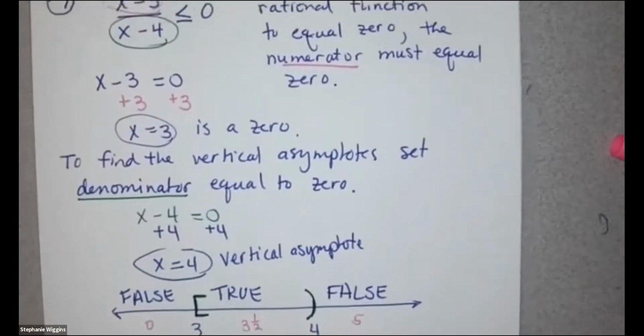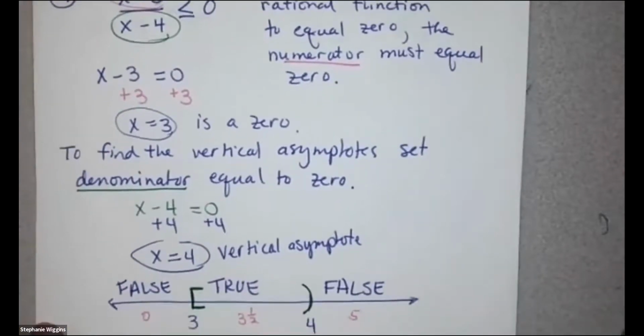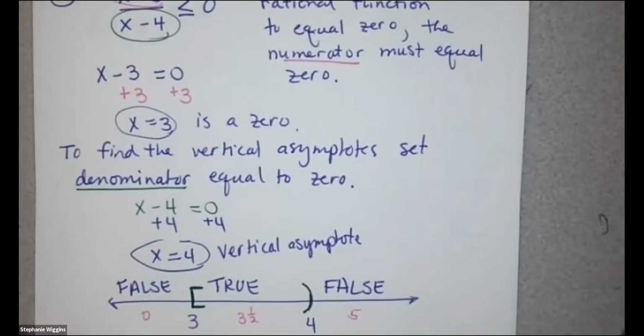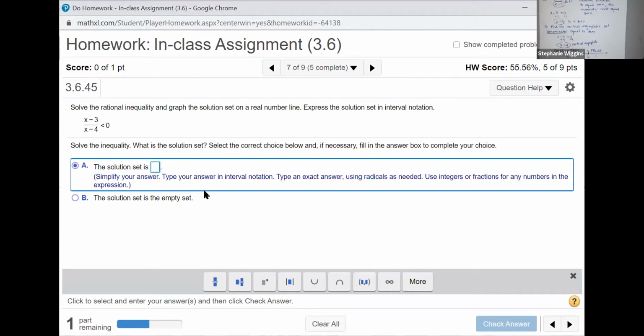So when I answer in MyLab Math, when I put the answer in, I'm going to put an open bracket, but I just wanted to kind of show you that. So here, since it's less than, the solution set has open brackets. So from 3 to 4.